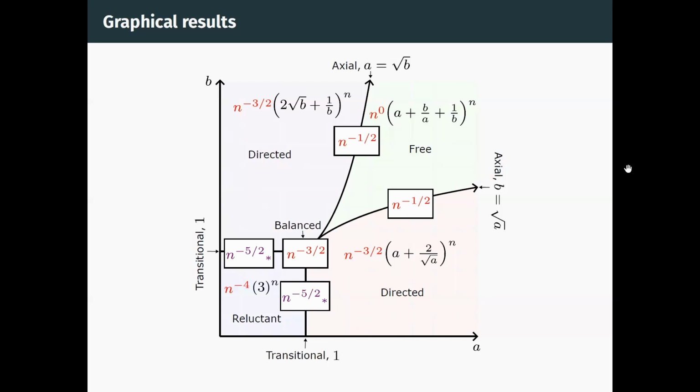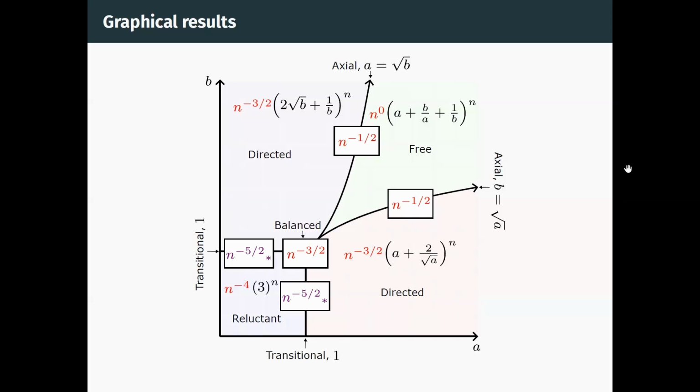And so each of the regions here corresponds to a different sub-exponential power and then also a different formula for the exponential growth rate. You can see that the upper left and the lower right depend on only one of the weights, whereas the upper right region depends on both weights. And also the exponential growth rate is continuously varying between these regions.